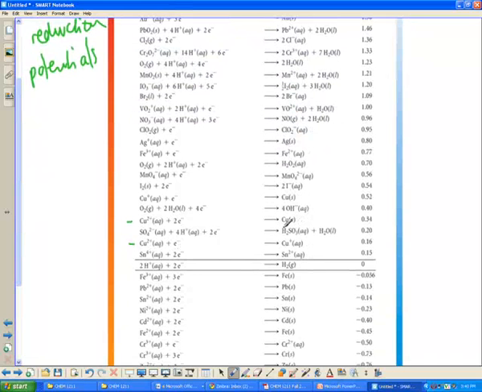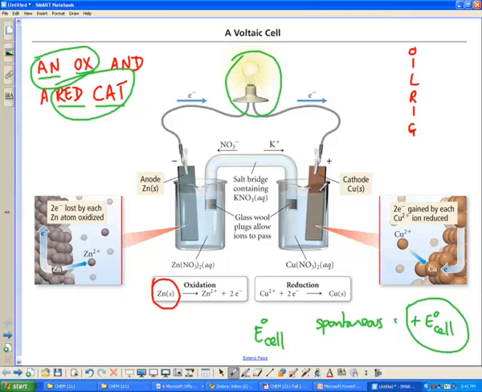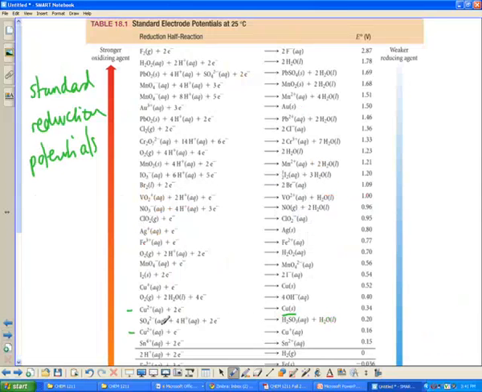I know we have copper solid in my reaction, and I've got copper 2+ as well. The other entry gives me copper 1+, and I don't have that in my reaction anywhere. I have copper solid and copper 2+, 2 electrons. That's the one that I want, and that has a standard reduction potential of 0.34 volts. More importantly, positive 0.34 volts.